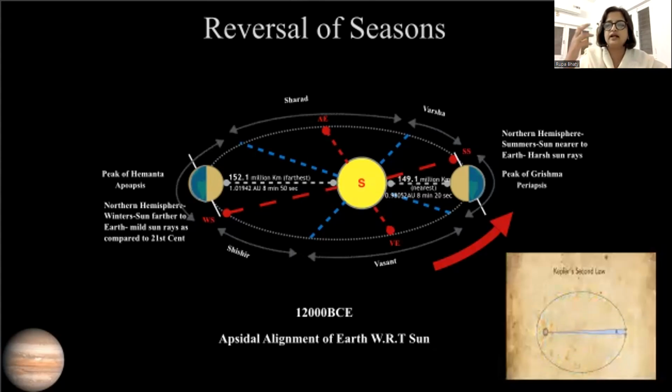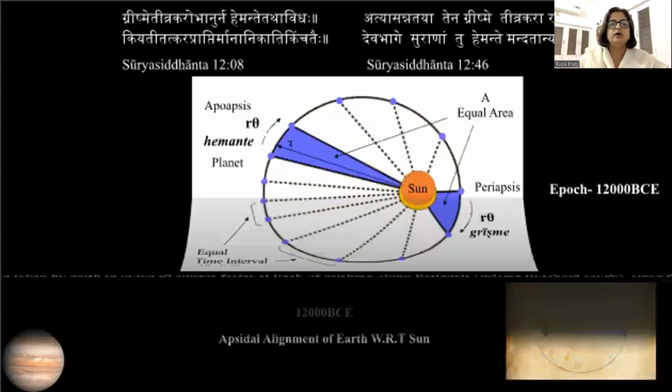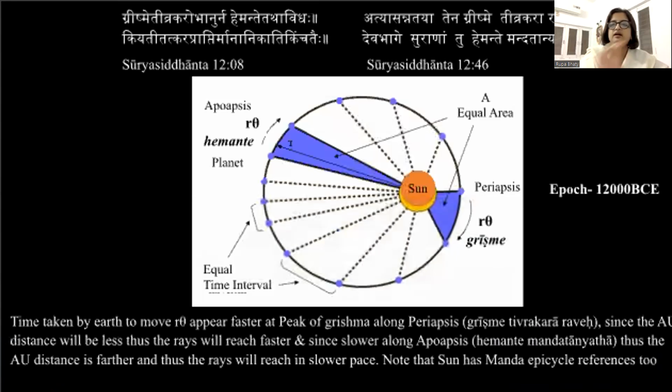So that kind of impression, due to the experientiality of the seasons, came into the mind of the writer also, and whatever he was experiencing, he was writing there. So what does Kepler's law say, that I explained? And the same thing is asked in the Surya Siddhanta also.